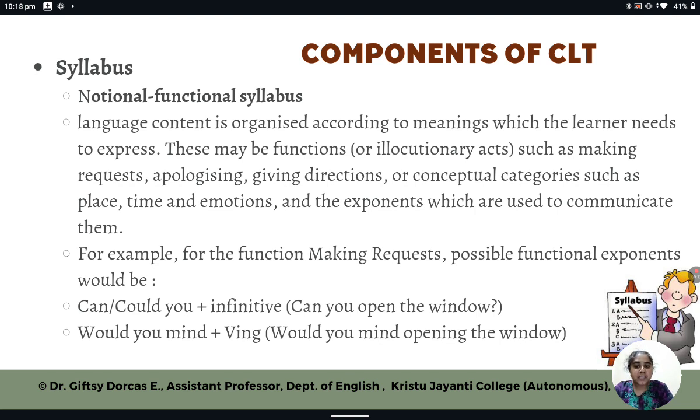So proper structures were taught to the students based on the situation and how they need to use it. For example, if you want to teach them the use of can, could, then it could be can, could, you plus the infinitive. An example: can you open the window? So these are some of the ways in which the syllabus was thoroughly focused on using language in real life situations.